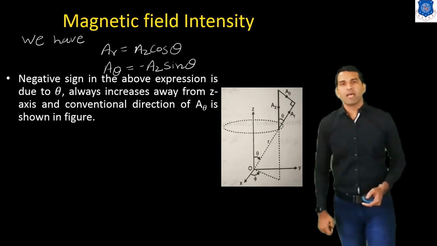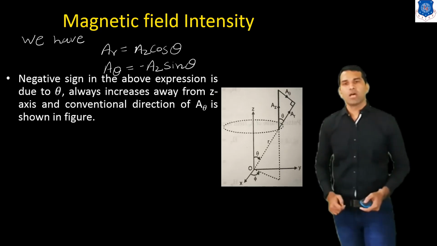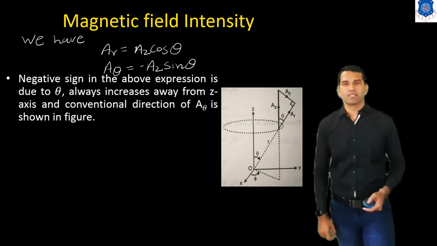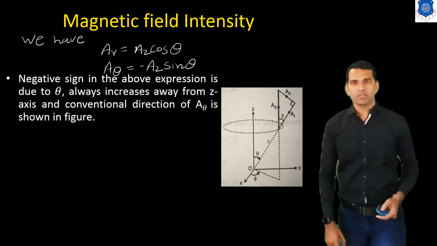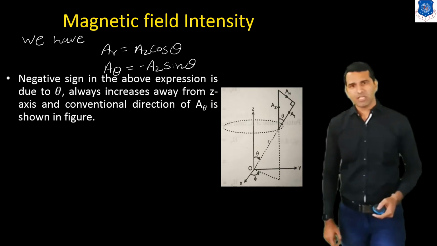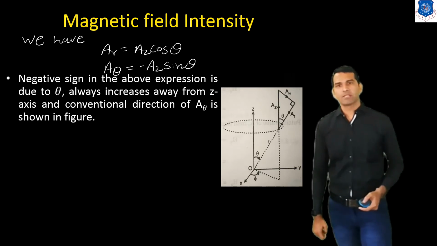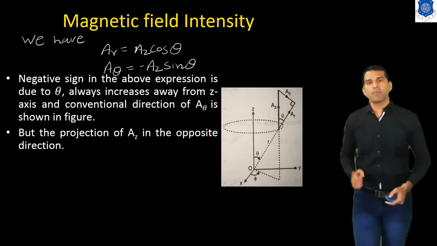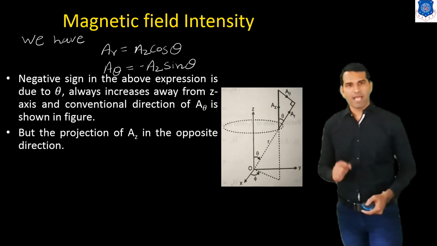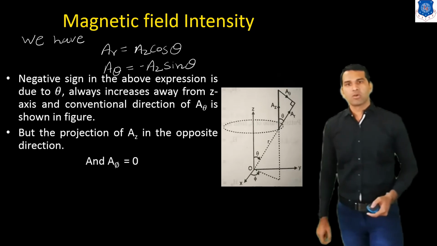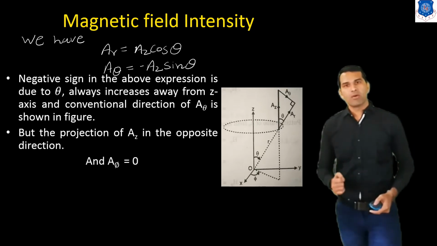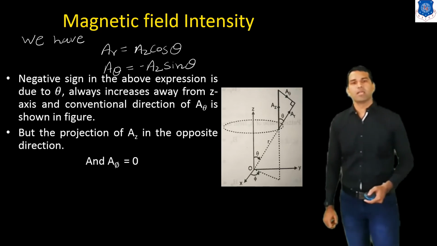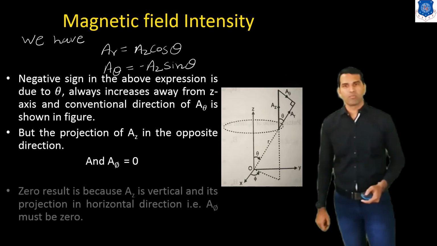The negative sign in the above expression is due to theta always increasing away from the z axis, and the conventional direction of a theta is shown in the figure, but the projection of az is in the opposite direction. So here we write the minus sign.